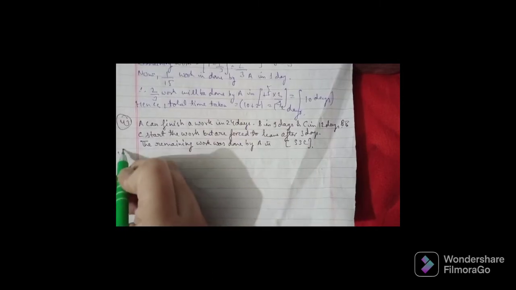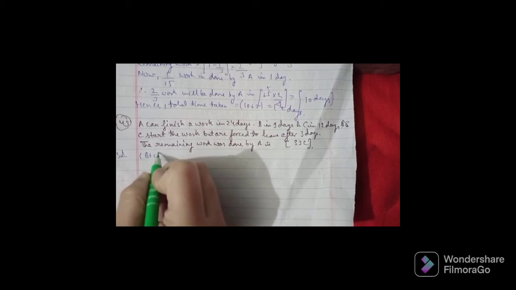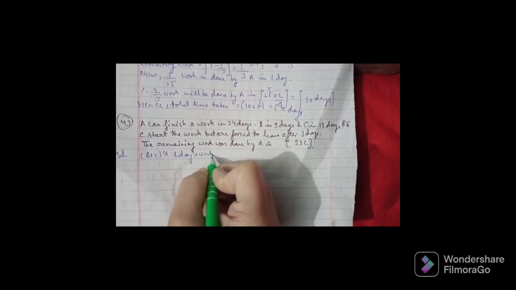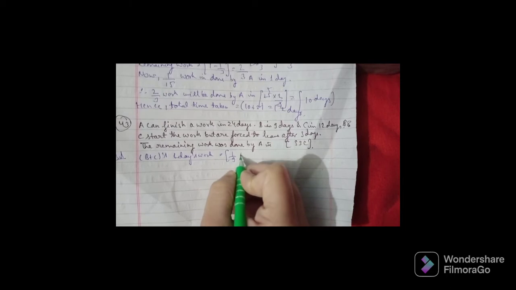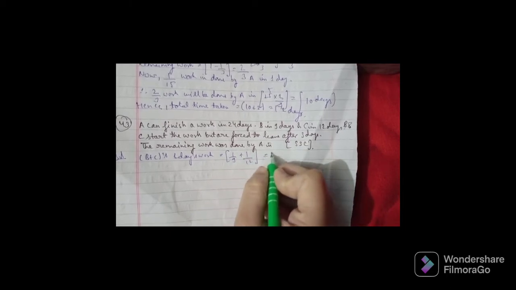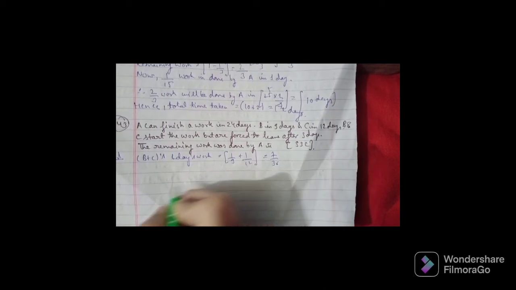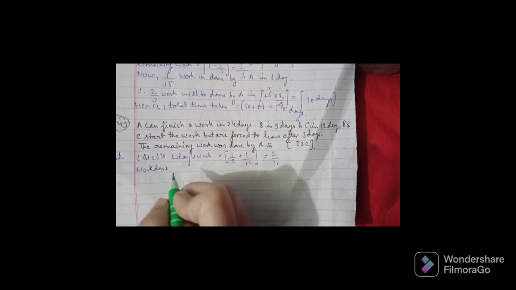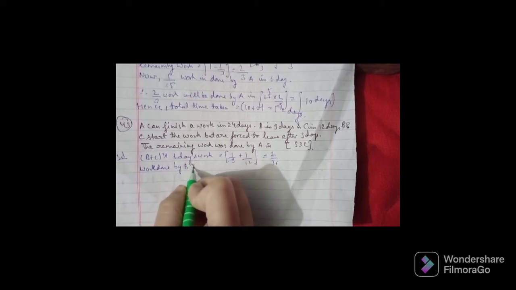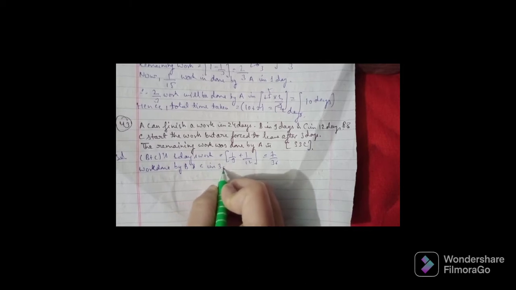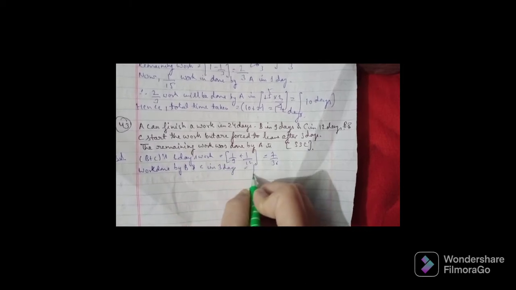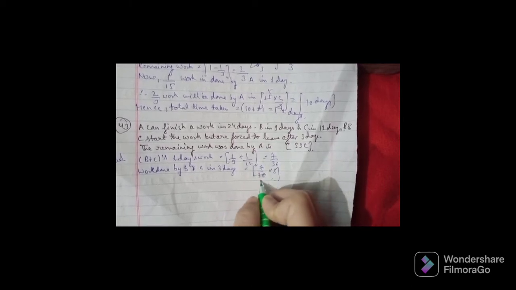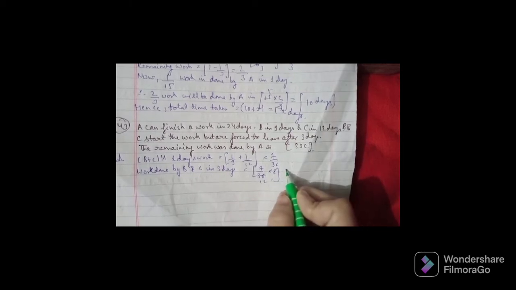So here B plus C one day's work equals 1 by 9 plus 1 by 12 equals 7 by 36. Work done by B and C in 3 days equals 7 upon 36 into 3. 3 1s are 3, 3 2s are 6, 7 by 12.